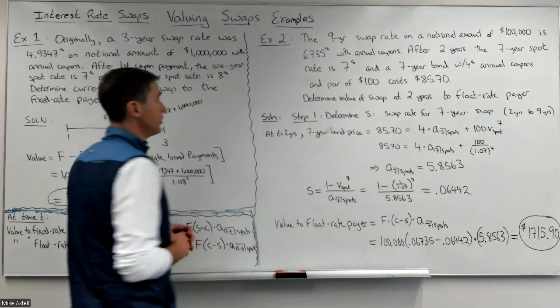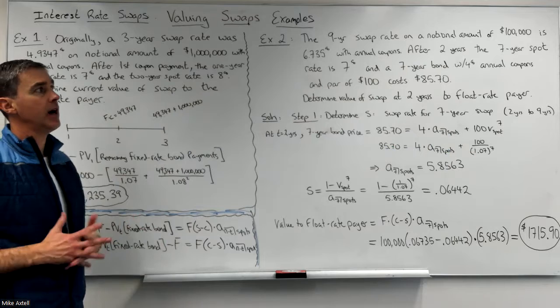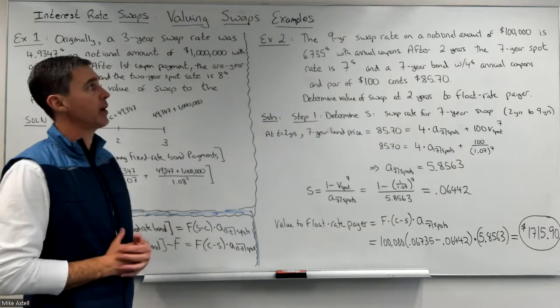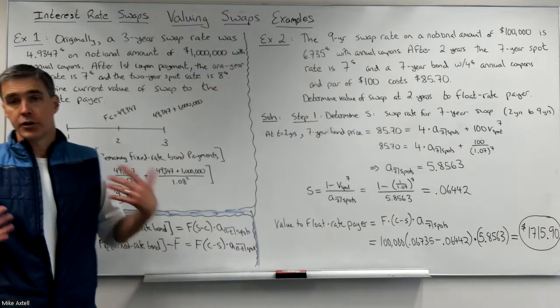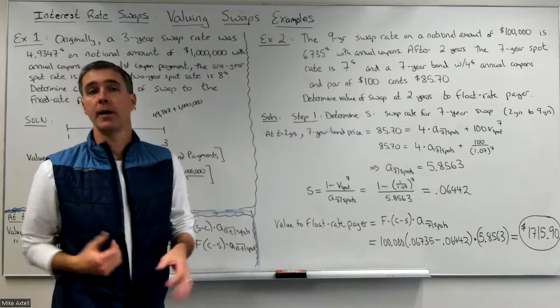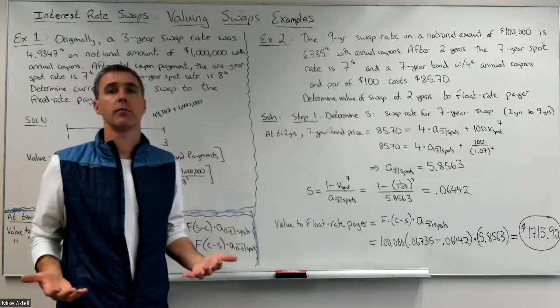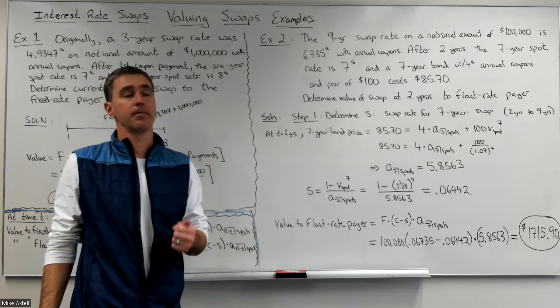Right. Example 2. We had a 9-year swap initially on a notional amount of $100,000. And the swap rate at that time was 6.735% with annual coupons. 2 years ticked by, we've exchanged 2 of our coupon payments between the 2 parties. And at this stage, 2 years, we check our Bloomberg terminal and the market is offering a 7-year spot rate of 7%.